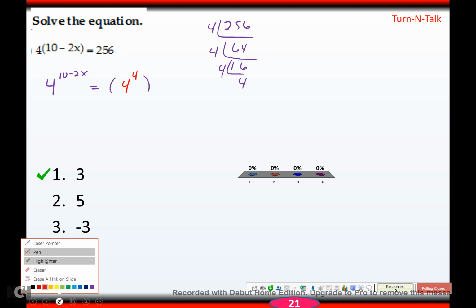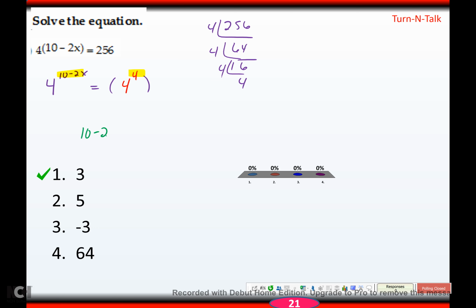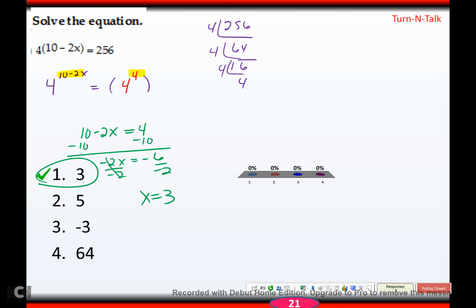And now that my bases match, my exponents have to be equivalent. So I can write an equation that says 10 minus 2x has to equal 4. Minus 10, minus 10, negative 2x equals negative 6. Divide by negative 2. X has to equal 3.